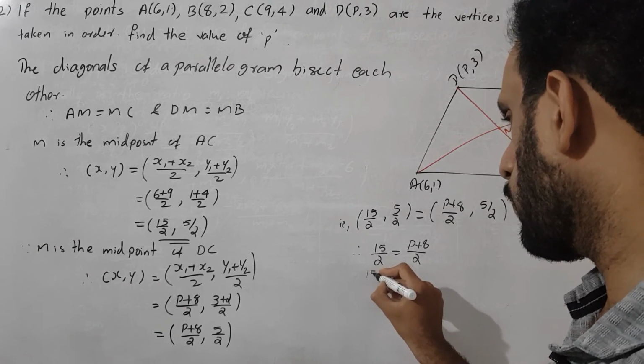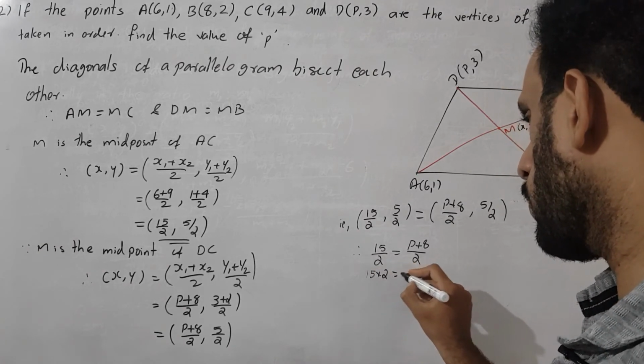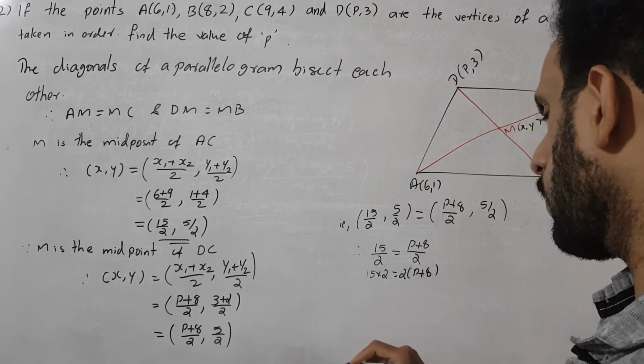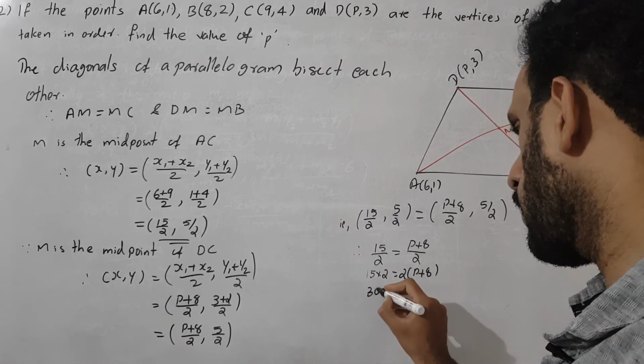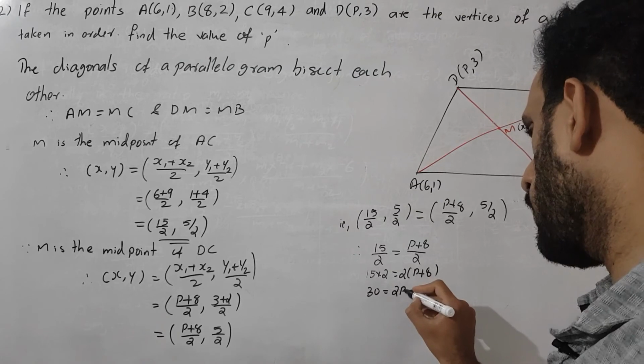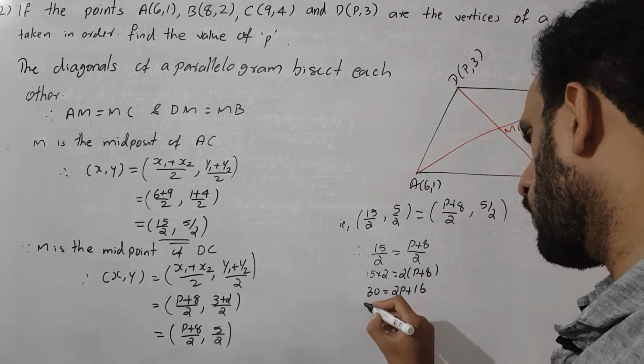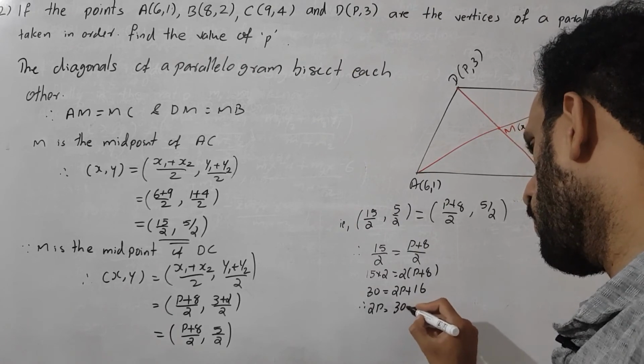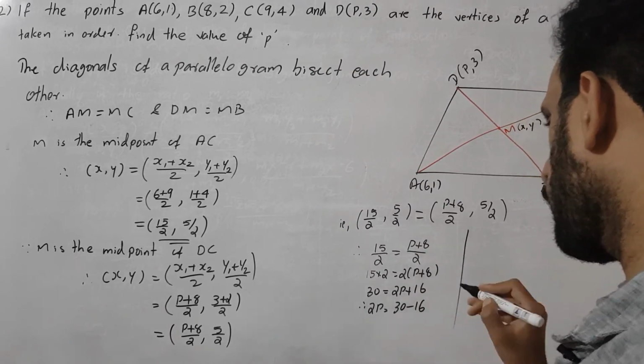Okay, then what do you get? 15 into 2 is equal to 2 into p plus 8. Then 30 is equal to 2p plus 16. Therefore 2p is equal to 30 minus 16. Correct.